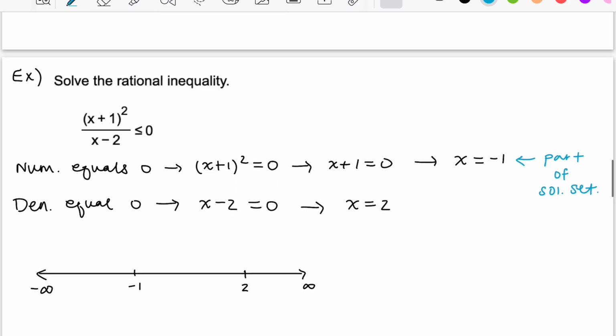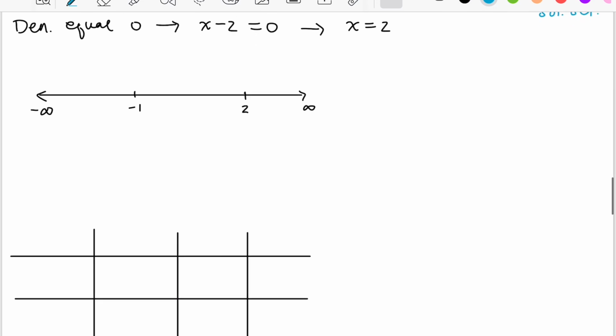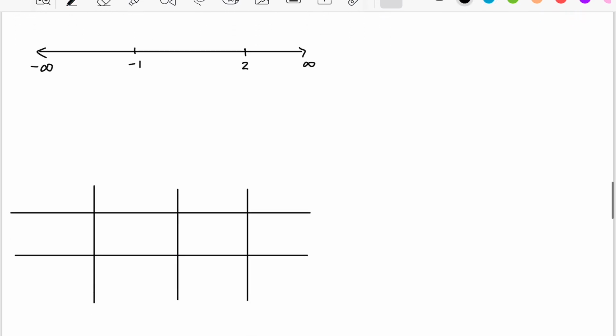All right, and like we said, we want to look for test numbers. So we're going to create a table here. It's a little different than the table that is shown in the Pearson PowerPoint slides, but this is how I like to do it. So we have our interval, our first interval is from negative infinity to negative 1. Our second interval is from negative 1 to 2. And our last one is from 2 to infinity.